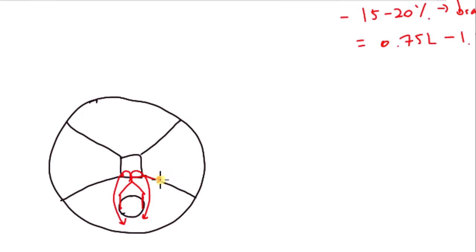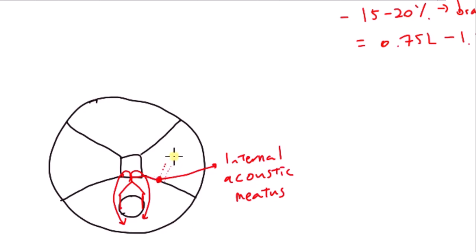So I'm gonna write that down. Meatus means canal, and essentially through the hole it goes in and supplies the inner ear.